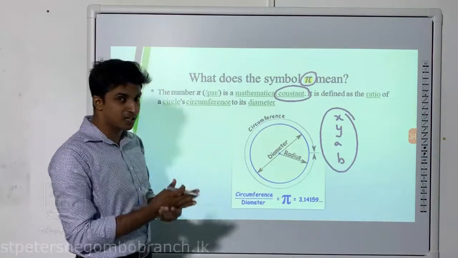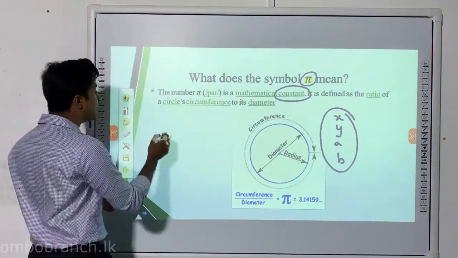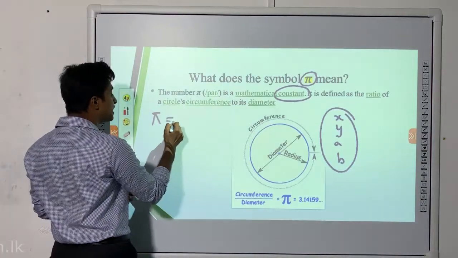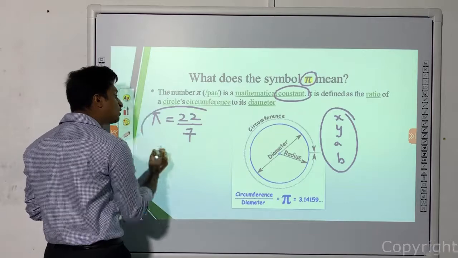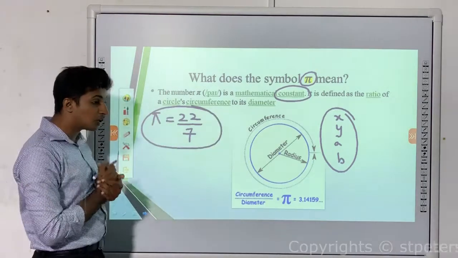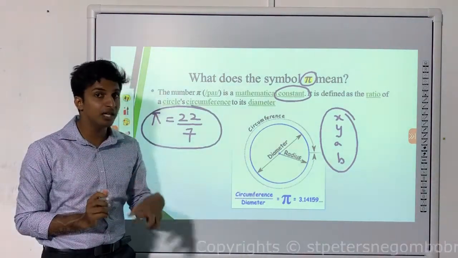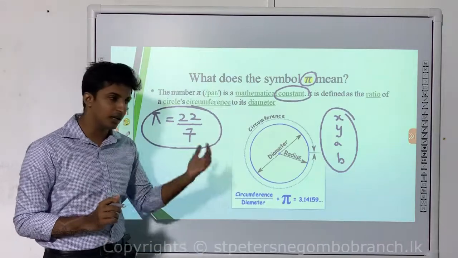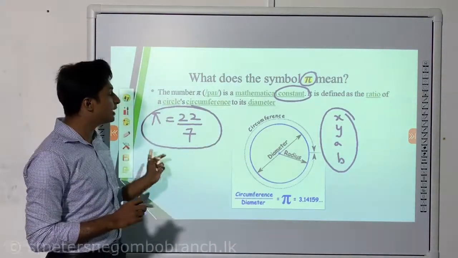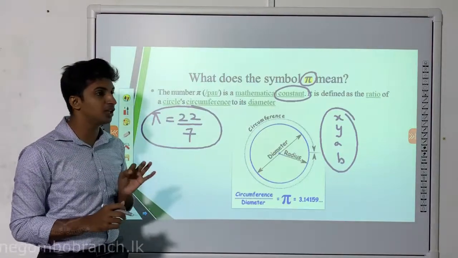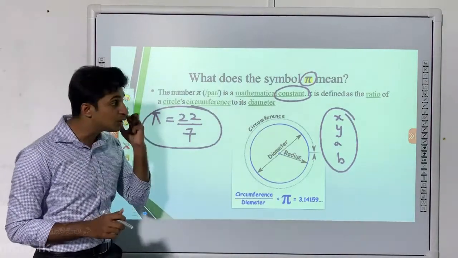A constant is fixed. The value of pi is generally taken as 22 over 7. In a lot of mathematical questions, in a lot of mathematical sums we will be doing till grade 10 and 11 or in the advanced level, generally for pi we are using the value of 22 over 7. That is the constant value.